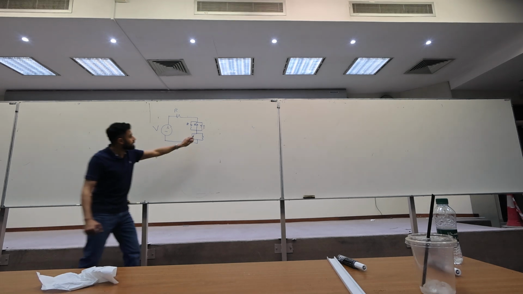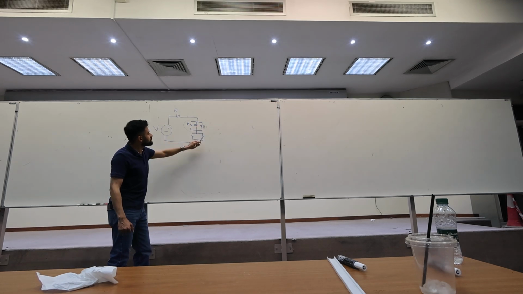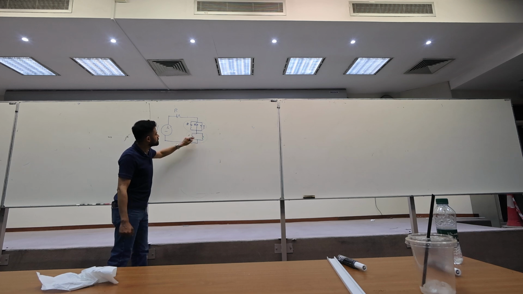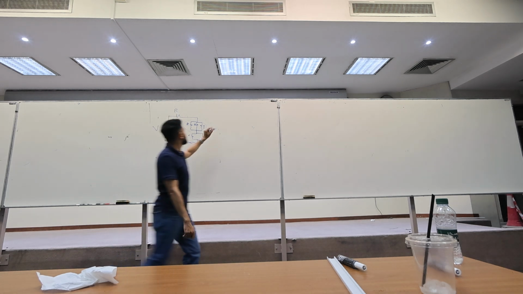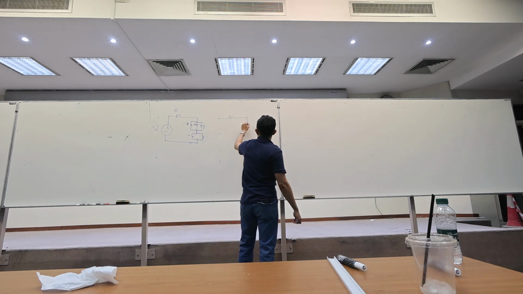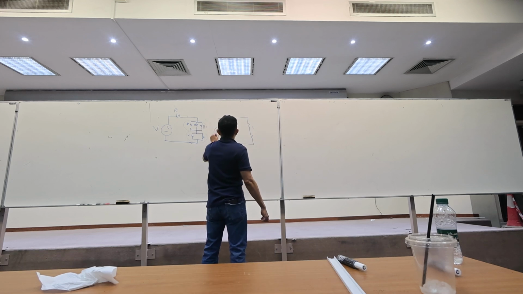Can I replace these 3 R's and these 2 R's with a single resistor each? Yes. So can I write it in this form? R, R, R, and the voltage V would appear here.